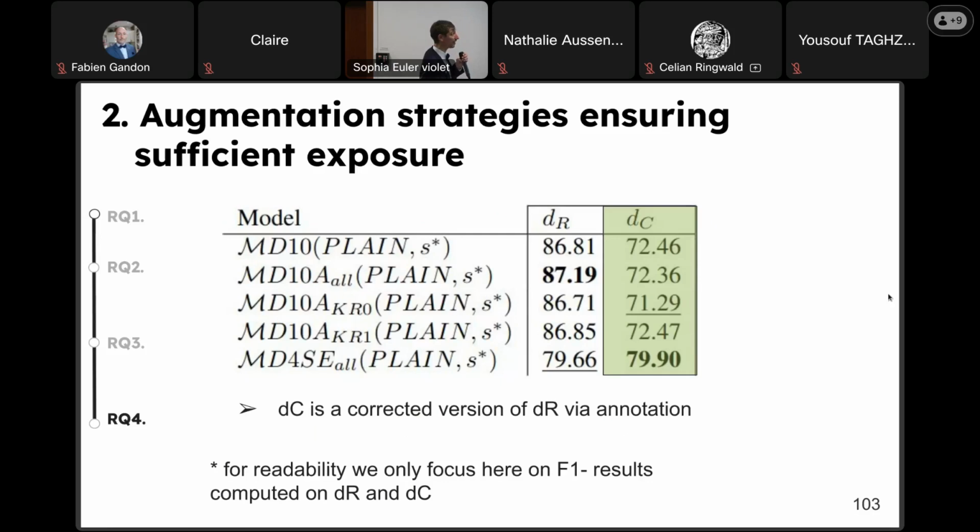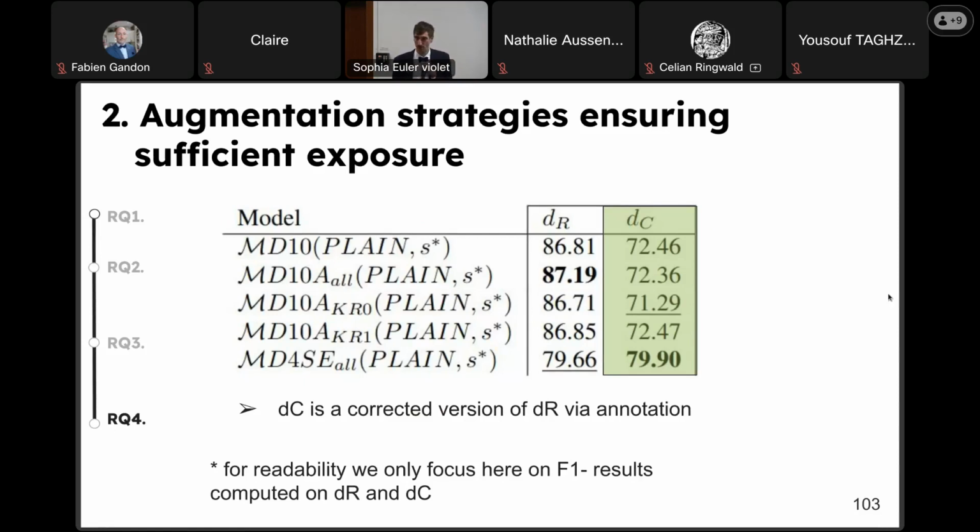And we see here that only our last proposal is able to effectively solve the extraction of the relation, even the rare ones.